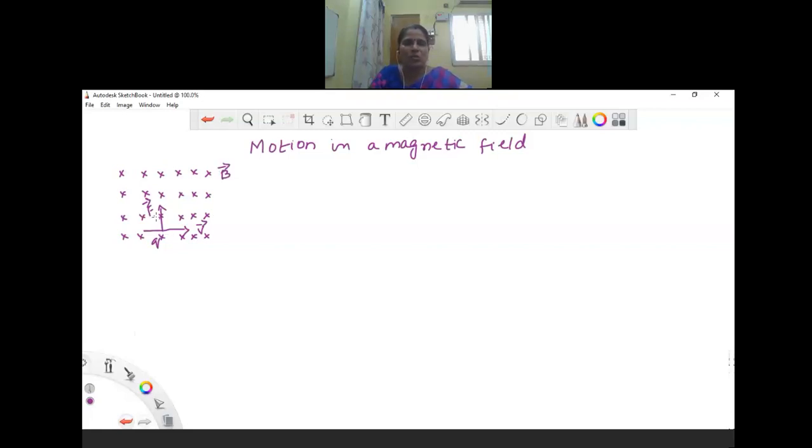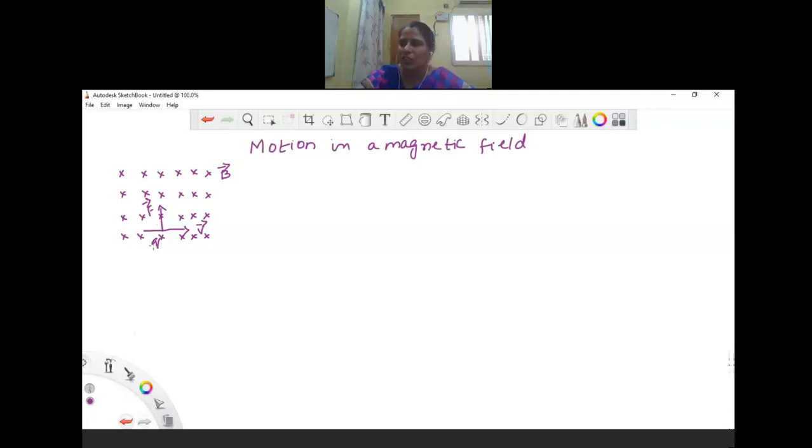So F is perpendicular to both V and B. And we know the formula that F is equal to QVB sin theta. Look at the direction of this force: always this force will be in the direction towards the center. Or else we can also say that F and V are always at right angles to each other.